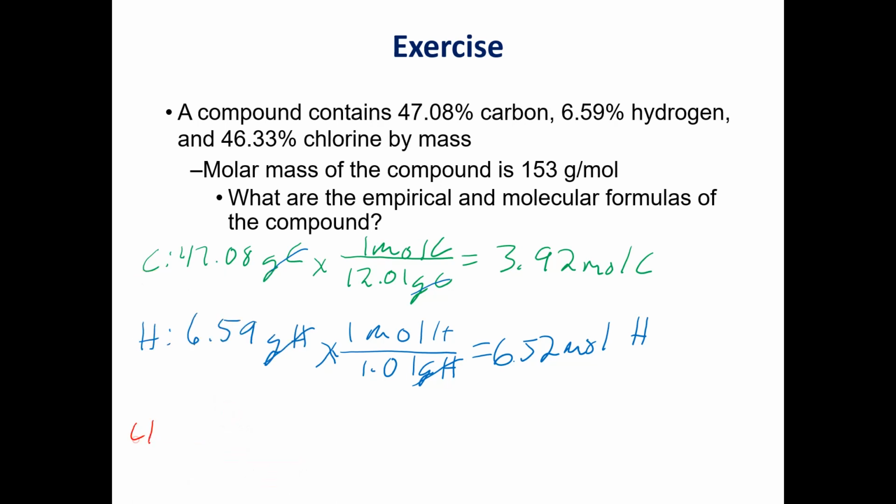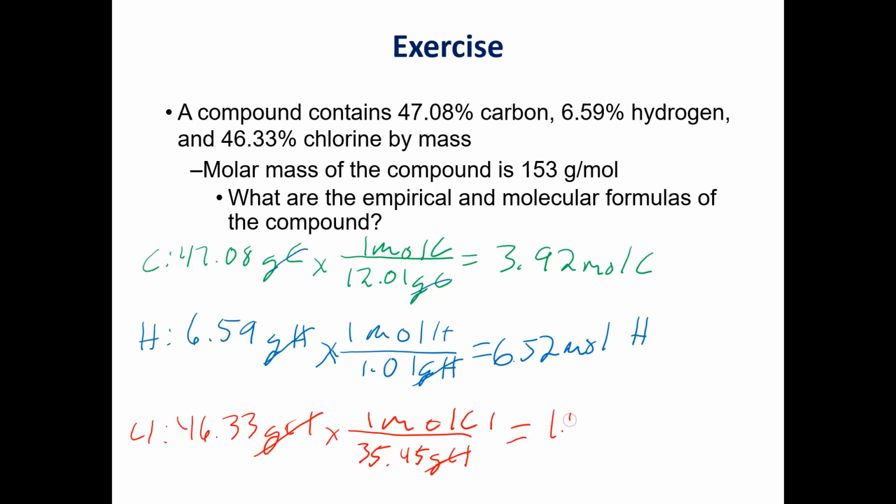And for chlorine, we have 46.33 grams of chlorine, and the molar mass is 35.45 grams of chlorine per 1 mole. So grams of chlorine cancels with grams of chlorine, and if you divide that out, we get 1.31 moles of chlorine.